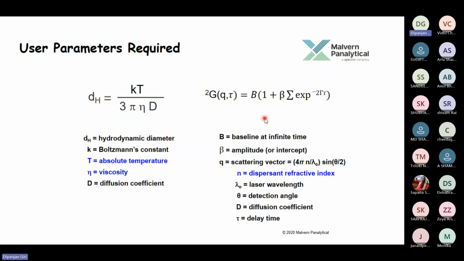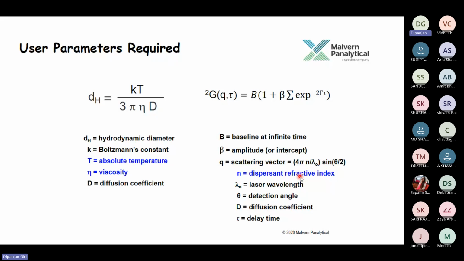So from the analysis point of view, what key points do you have to feed into the instrument or the software? That is T, the temperature, eta, the viscosity of the dispersion, and the dispersion refractive index. All others will be calculated by the instrument.